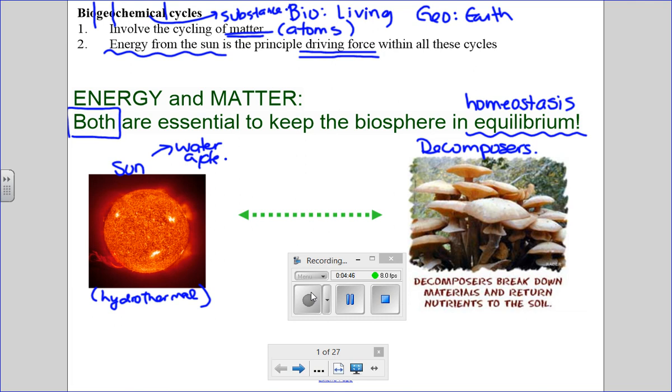And so if nothing ever got decomposed, eventually there would be no nutrients for plants. Plants would not be able to do photosynthesis, and the sun's energy would never enter a food chain. So we're trying to get across the idea that you need energy to make things happen, but you also need a place for the energy to go. And a lot of people have the misconception that energy is more important, but it's actually not. If there's nowhere for the energy to go, it's useless. And so you need both things.